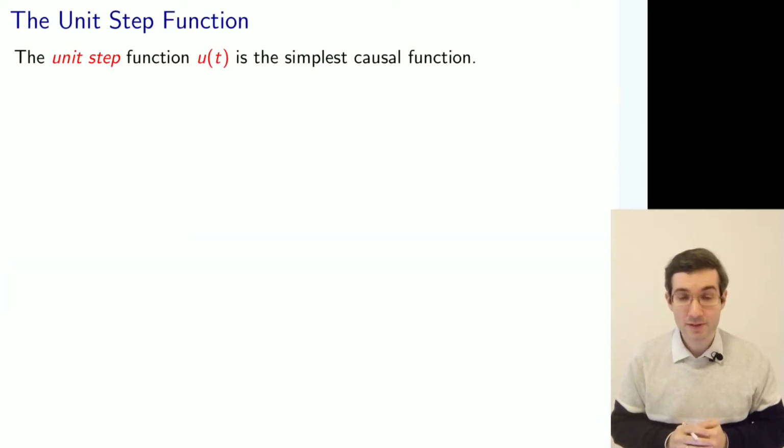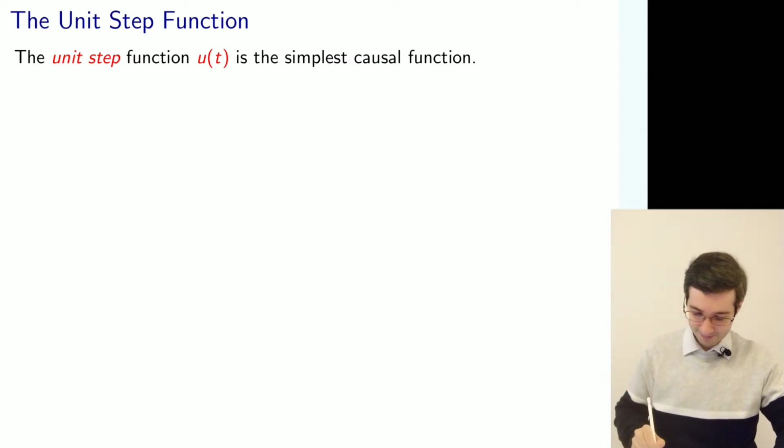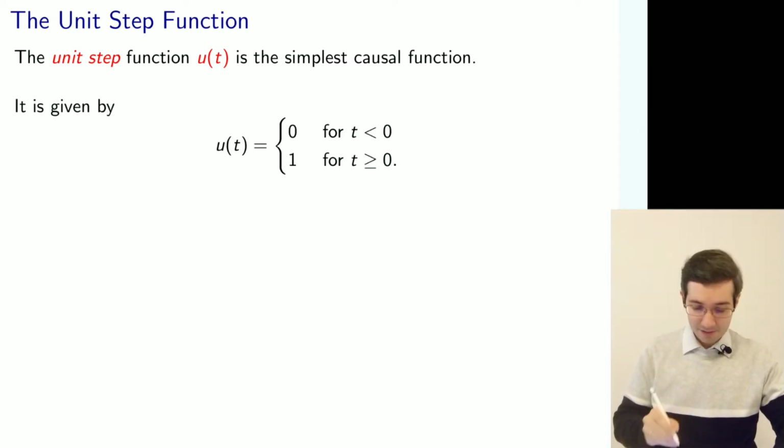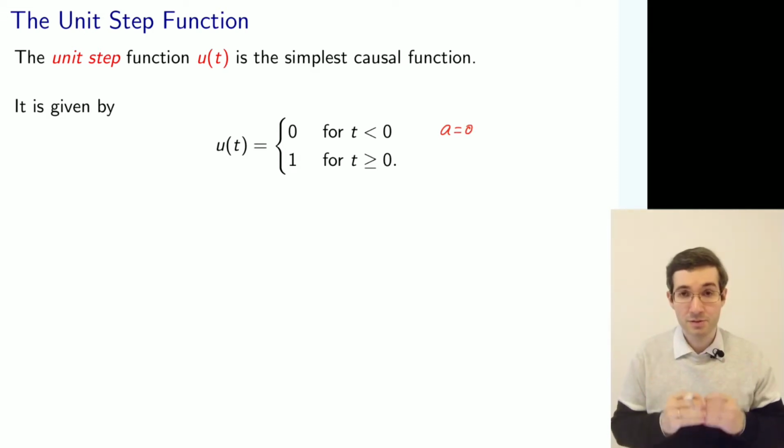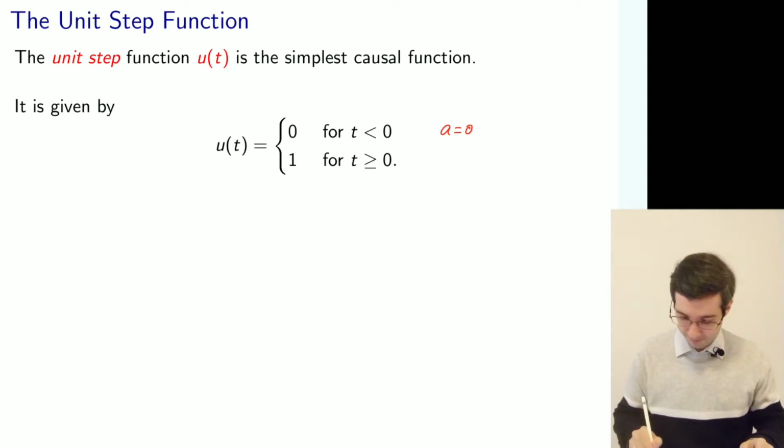Well, you've already seen one example. It's a unit step function. So in this case, that shift is not present, so the a equals 0 here. So for t less than 0 it's 0, and for t greater than 0 it's 1.